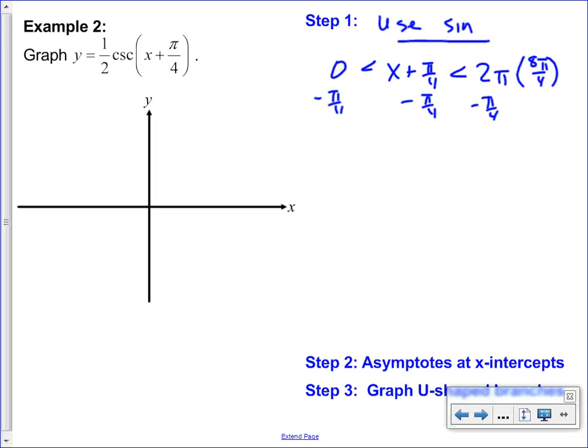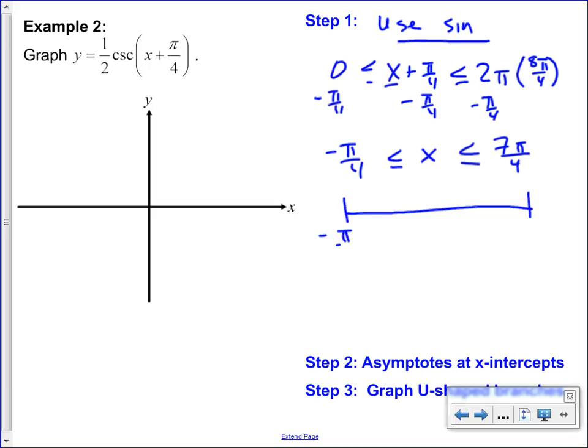So the first one is negative pi over 4 to x. I'm just being lazy and not putting equal to. We should, but whatever. 8 minus 1, 7. Negative pi over 4 to 7 pi over 4.